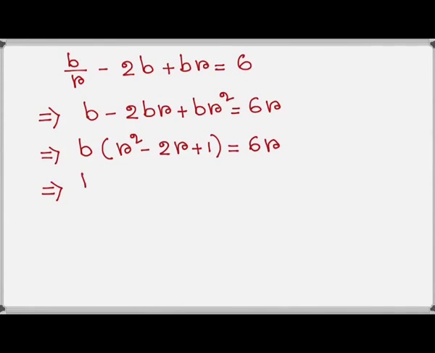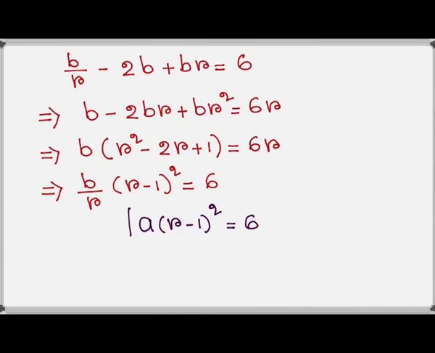So, B by R into R minus 1 whole square is equal to 6. We could divide by R because we know R is non-zero. Now, recall that B by R is equal to A. Therefore, we have A into R minus 1 whole square is equal to 6.